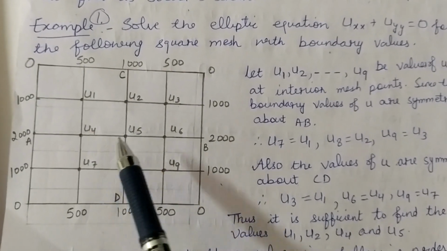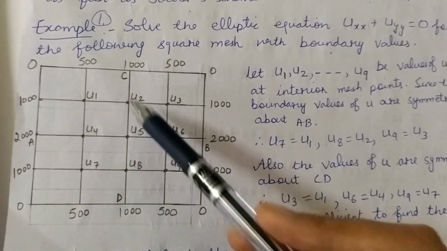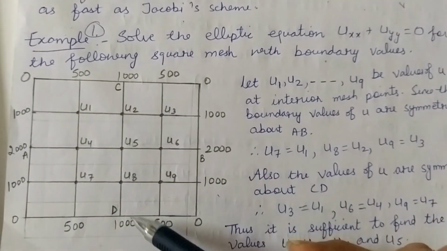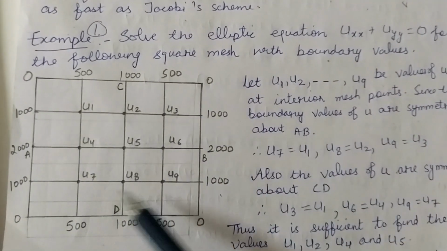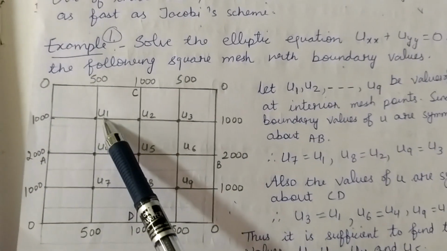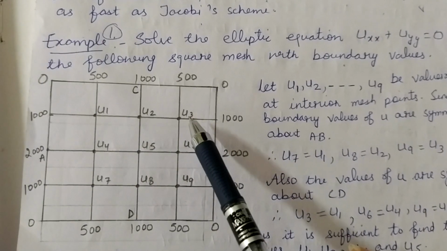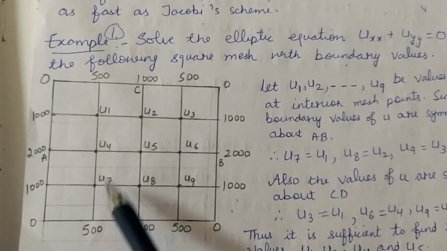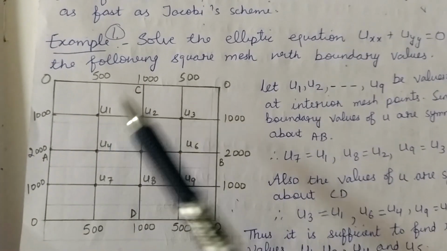Okay. Similarly, look at this CD, this line, this AB and this CD, they all are having the same boundary values, that is the boundary values are symmetrical. So this implies this u1 will be equal to u3, this u3 will be equal to u9, this u9 will be equal to u7, and this u7 will again be equal to u1.